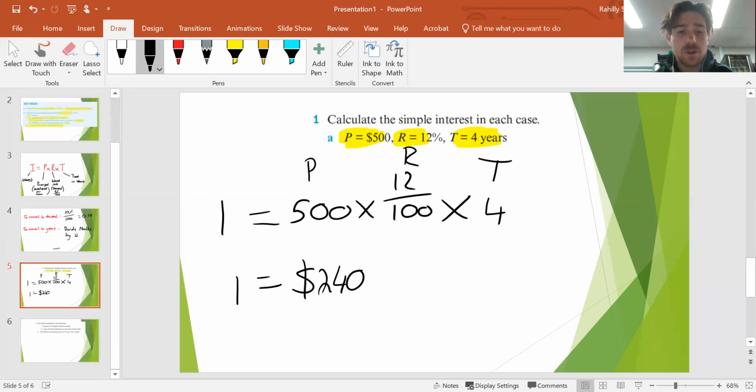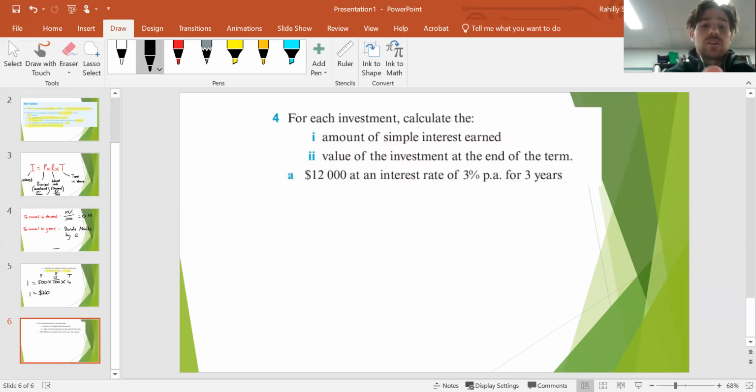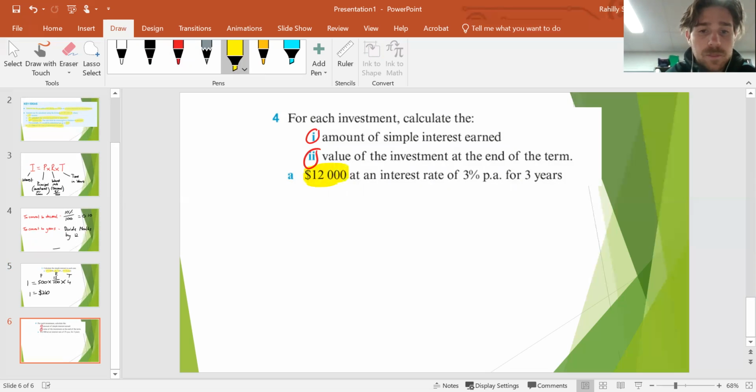All right, the next type of question is similar, but we have to first work out the amount of simple interest earned and then the value of the investment at the end. Okay, so here's our question. That's our principal, that's our rate, that's our years.